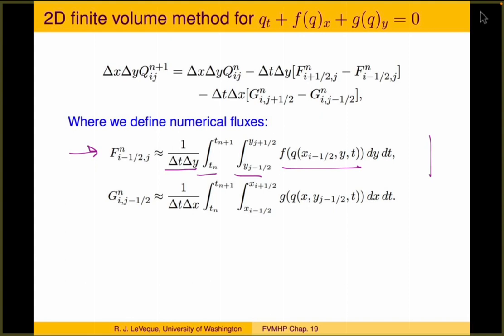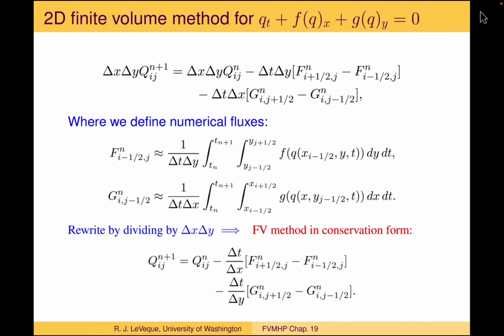And similarly at the top and bottom boundaries, we have g fluxes that come from integrating g along the top or the bottom edge of the cell.